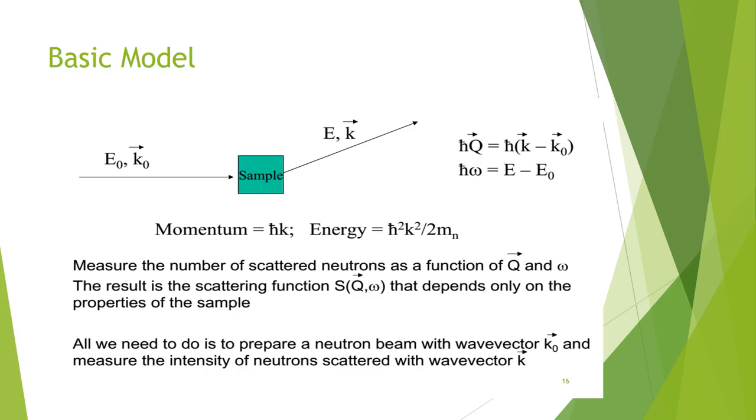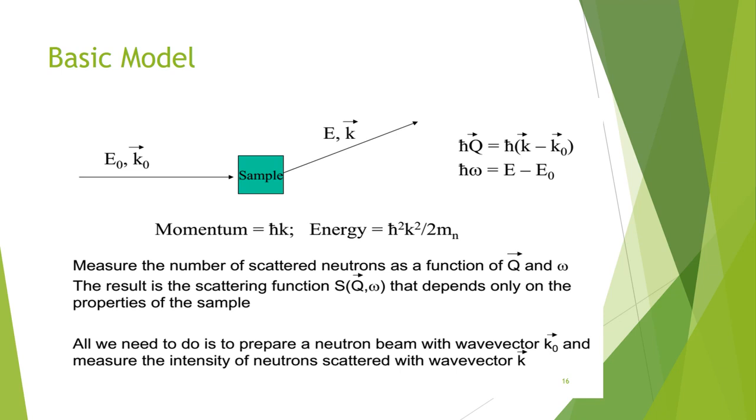The change in energy can be calculated by the equations written on the right side of this slide. So the momentum is equal to hk, where energy can be calculated by h squared k squared over 2mn.